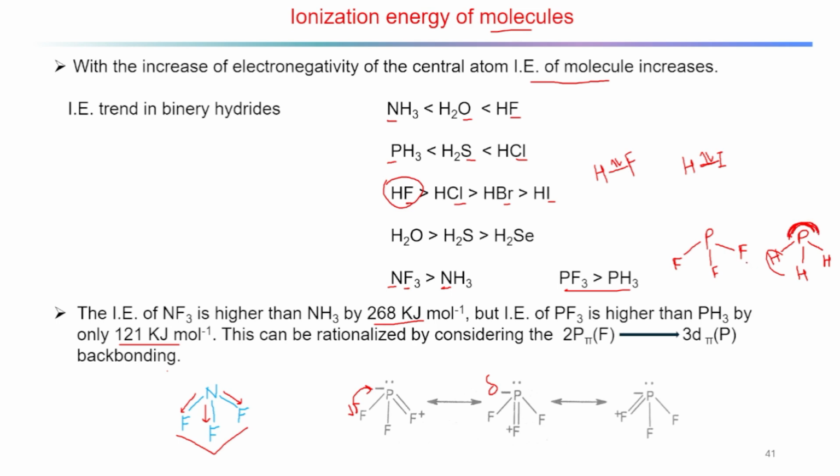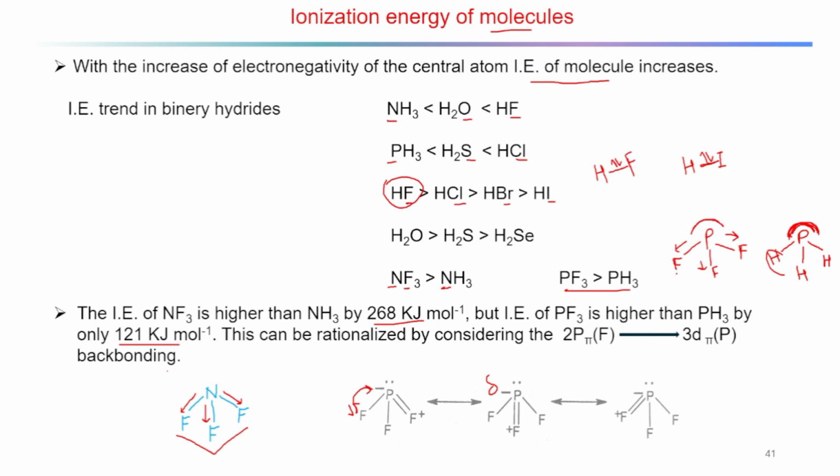Now when you have fluorine, that fluorine drags this electron cloud towards itself more compared to the hydrogen. So now the electron density over this phosphorus will be less. It will be there, but it will be less.